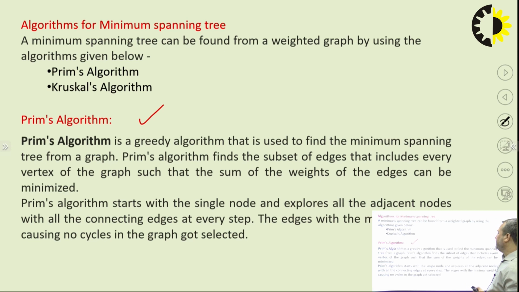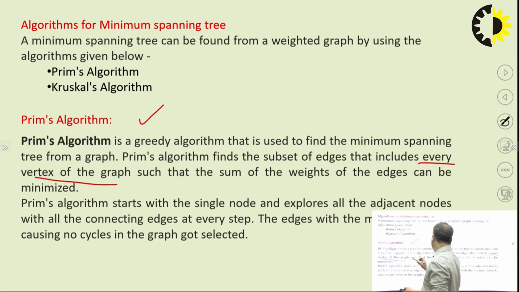Prim's algorithm is a greedy algorithm that is used to find the minimum spanning tree for a graph. It finds the subset of edges that includes every vertex of the graph, so that the sum of the weights of the edges is minimized. Prim's algorithm starts with a single node and explores all the adjacent nodes with all connecting edges at every step, right.